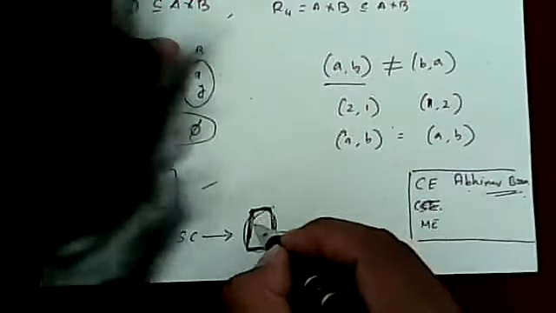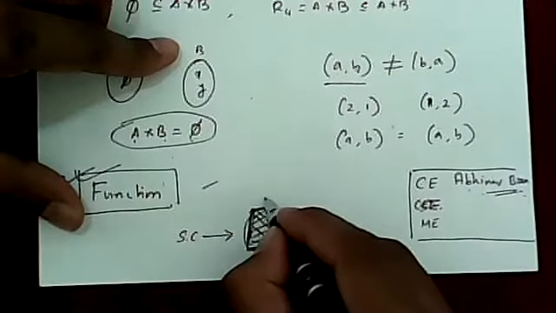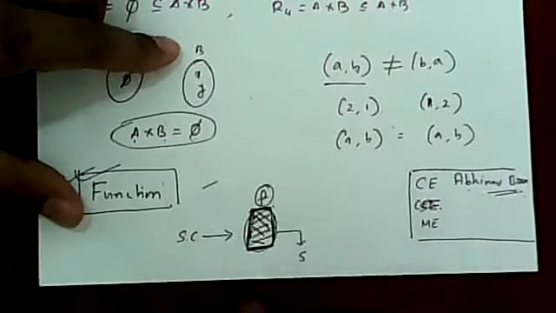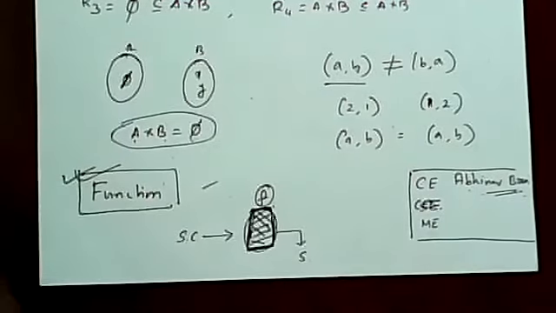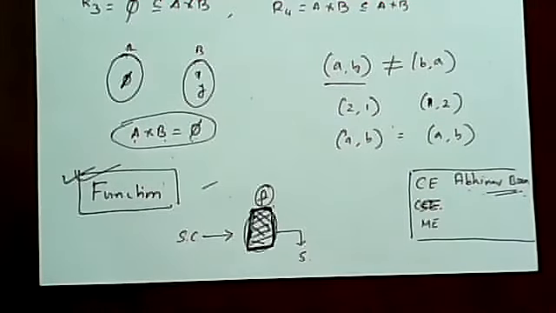That work done by this machine, we can say, is a function. This machine did some function. Or in some other sense, we can name that machine as a function.